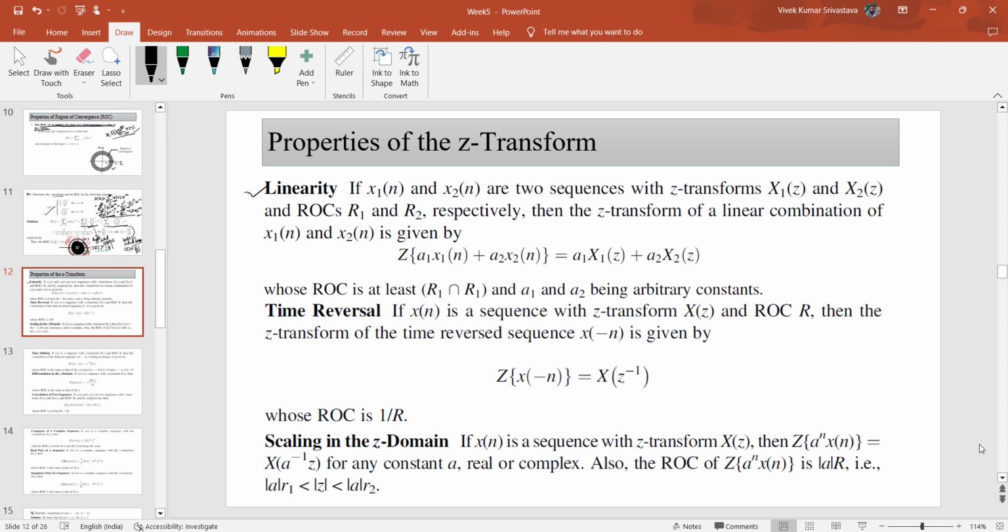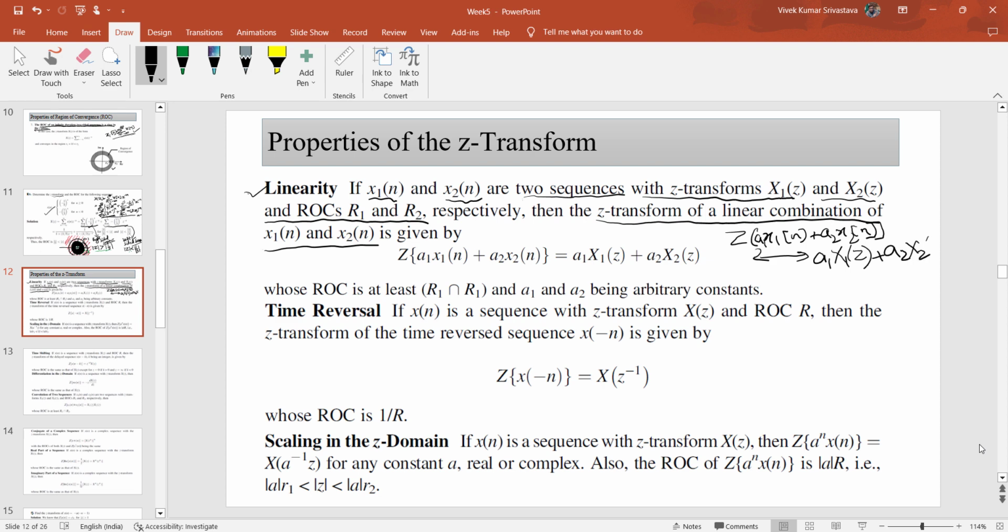If x1 of n and x2 of n are two sequences with z transforms X1 of z and X2 of z, and ROCs R1 and R2 respectively, then the z transform of the linear combination a1 x1 of n plus a2 x2 of n is a1 X1 of z plus a2 X2 of z, and the ROC of this linear combination is R1 intersection R2.